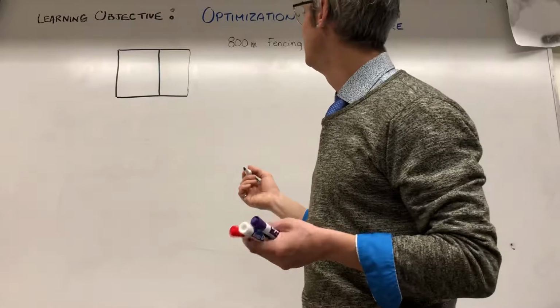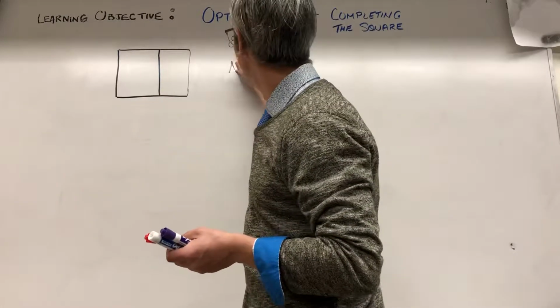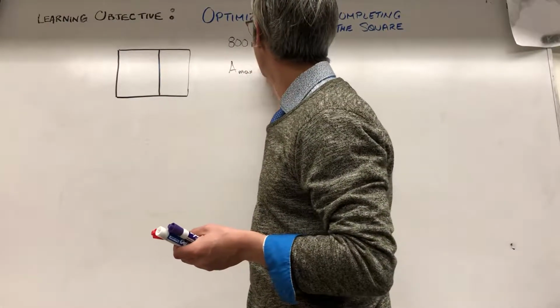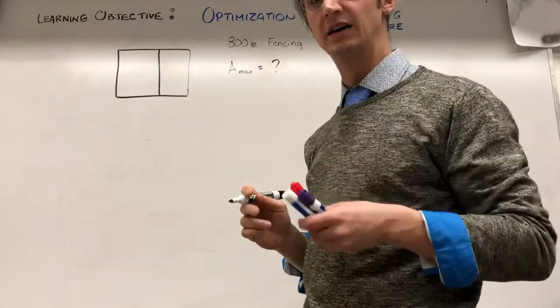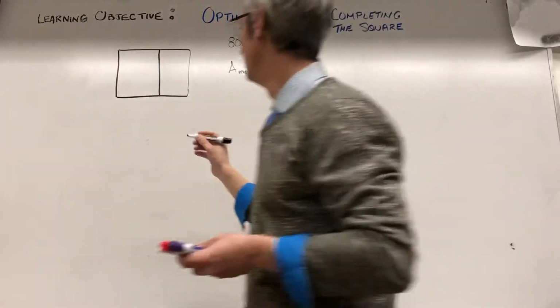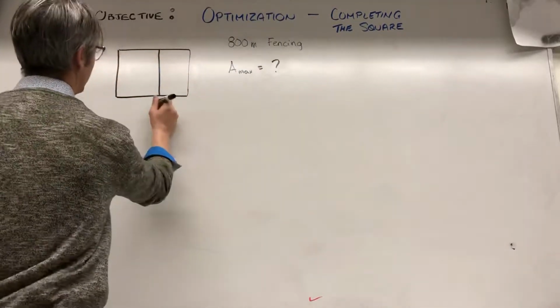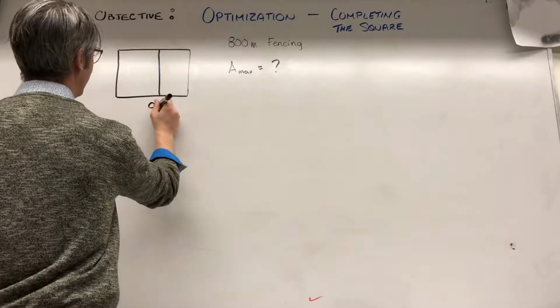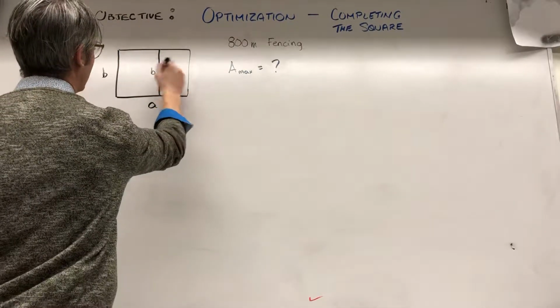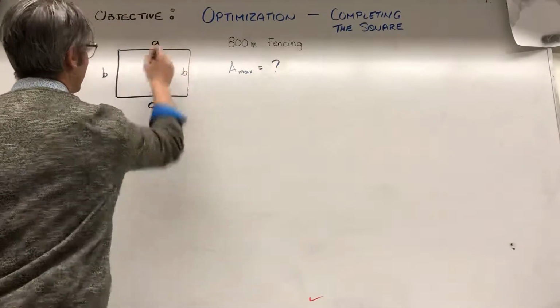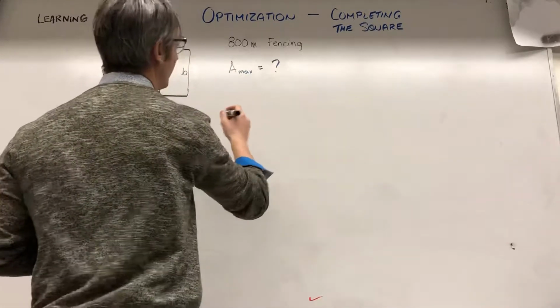So if that's the case, and they ask what's the maximum area that they can enclose with these parameters, we do the same thing here. We say this side is A and this side is B. So we have a B here and a B here and an A up here. This is our perimeter again.